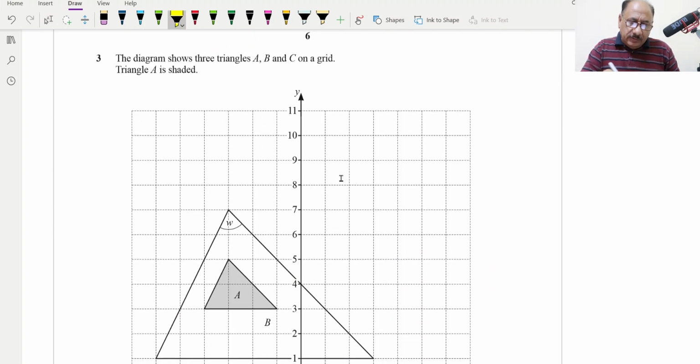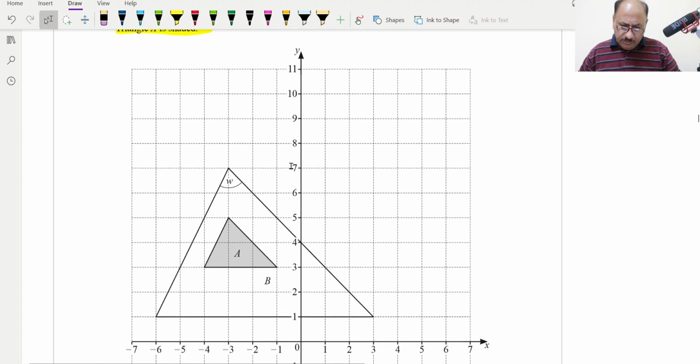Question number 3. The diagram shows 3 triangles A, B, C on a grid. Triangle A is shaded and the triangles are provided over here.